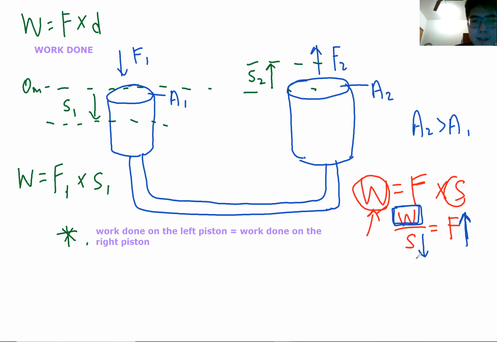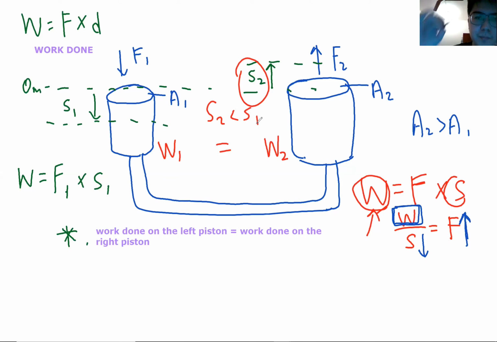So if you look back at this diagram, since the work done at the left piston, W1, is equal to the work done here, W2, it means that this distance S2 is smaller than S1. You see that? Why?